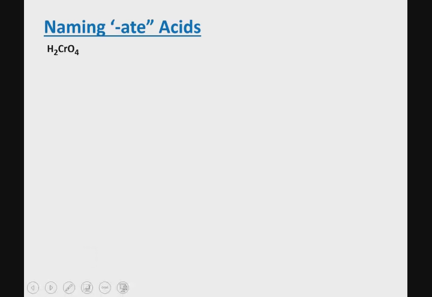Okay, let's try out a few such similar compounds. H2CrO4. Once again, let's start with the anion. The anion from this compound will be CrO4 2 minus, which, if you remember from your list of polyatomic anions, is called chromate.